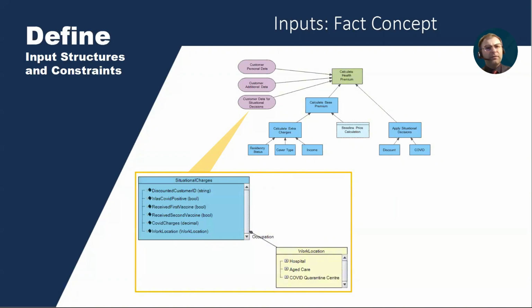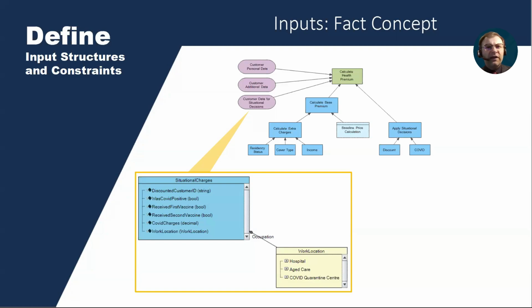When you think about the business decision, it will require input. This input can be from the user or the setting, the environment that is being executed, or it can come from other systems and processes, operational databases, and other data sources.